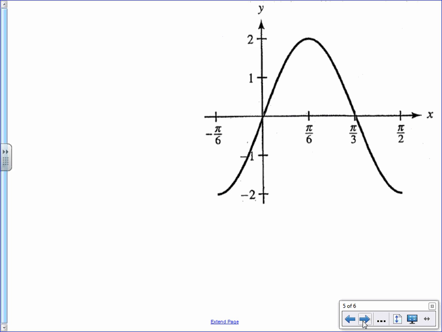Okay, so first things first, what kind of curve are we working with? The cosine curve. I'm going to go ahead and draw the frame.